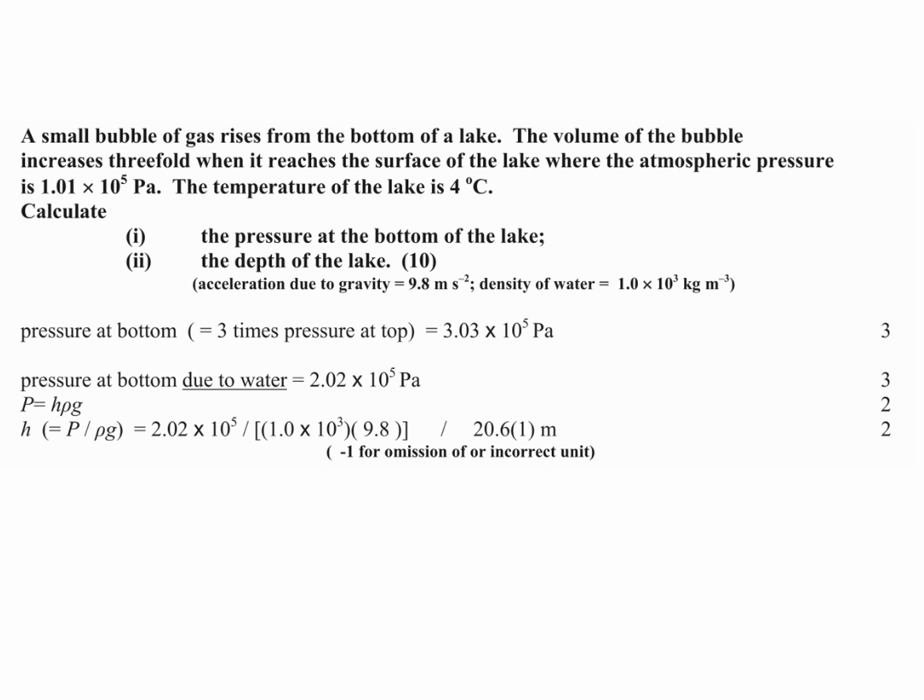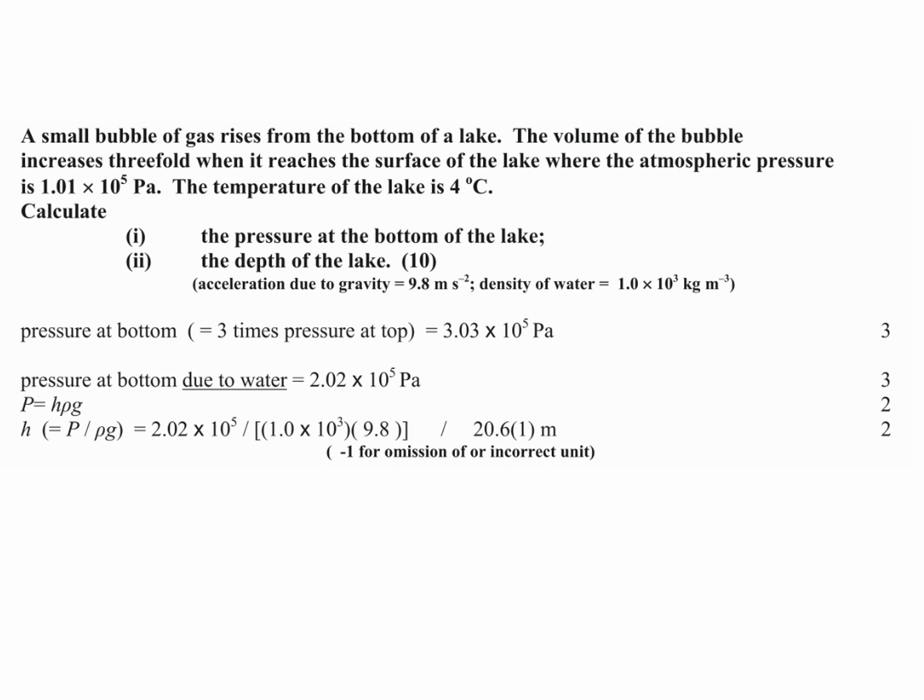Part 2 is asking for the depth of the lake. So we must use our formula for pressure in a liquid. So pressure in a liquid is depth or height by density by gravity. And there's a trick here where the pressure at the bottom due to the water is the overall pressure of the 3.03 by 10 to the 5 pascals minus the atmospheric pressure above it.